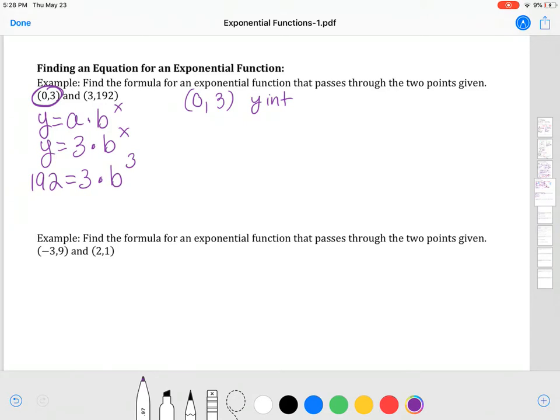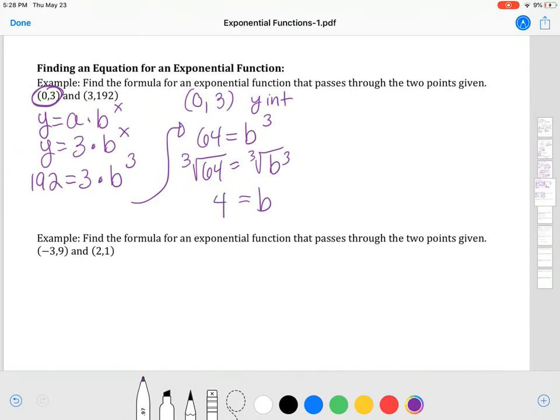So the first thing I need to do is divide both sides by 3. If I divide both sides by 3, I'm going to take 192 divided by 3. That's going to give me 64 is equal to b to the third. Now to solve for b, I'm going to take the cube root of both sides. So that leaves me with b is equal to 4.